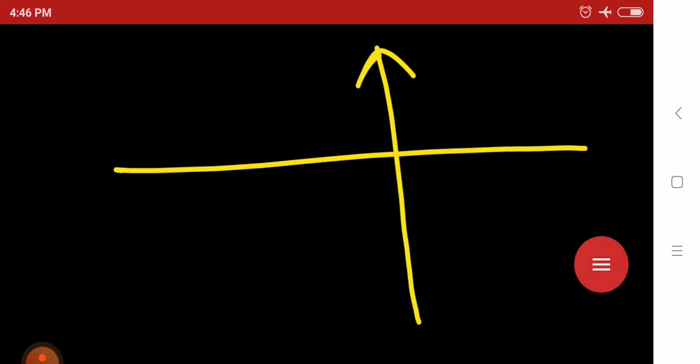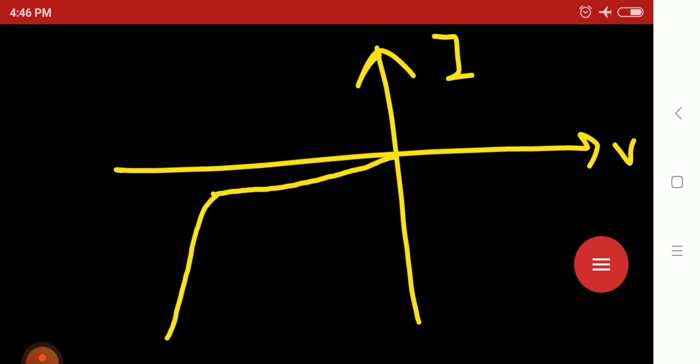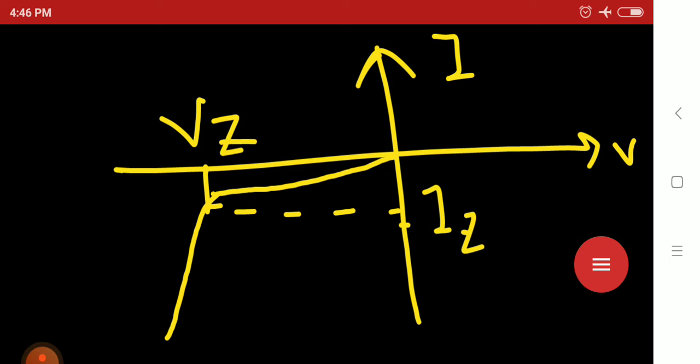Whenever I draw the I versus V graph of the Zener diode, you can see that firstly it is stable up to the Zener voltage. After that it is decreasing. This is the Zener voltage and this is the Zener current. This is IZ, this is VZ.